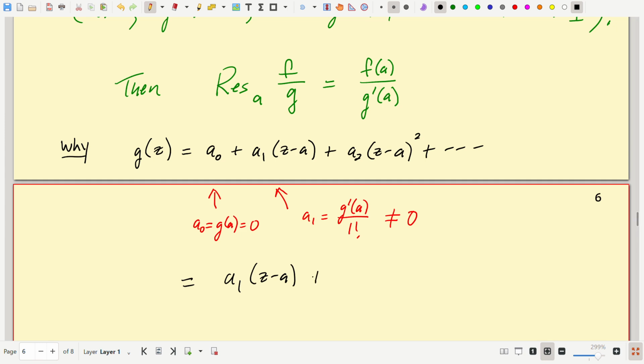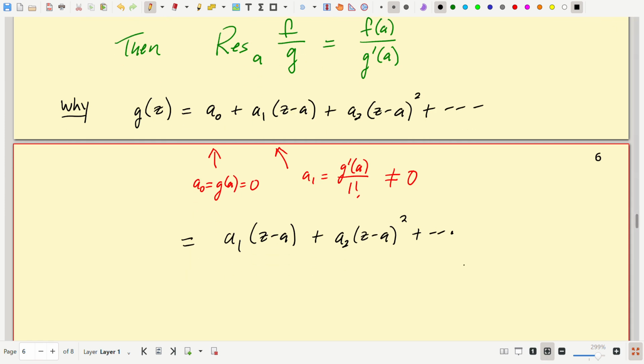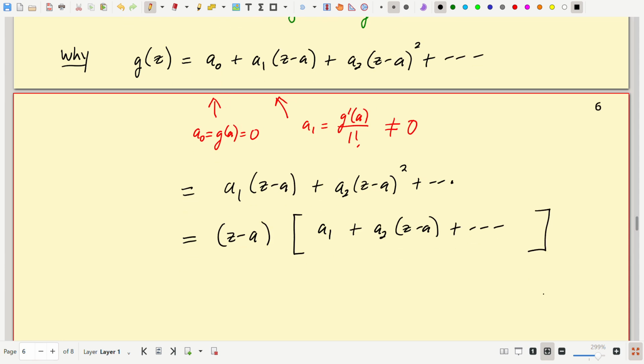And remember what we did, we factored out z minus a from this, and we got a power series with this same radius of convergence. So I pull out the z minus a, and I get this, a1 plus a2 times z minus a plus etc. This is what I called capital G of z.